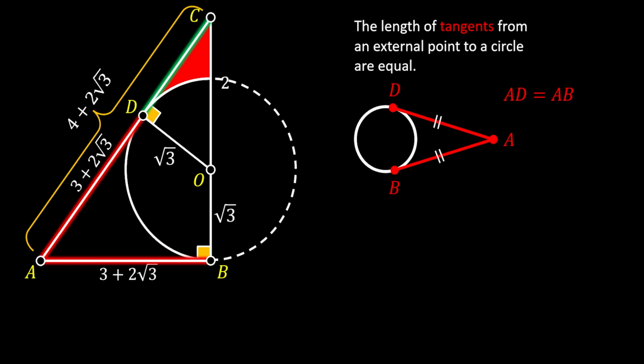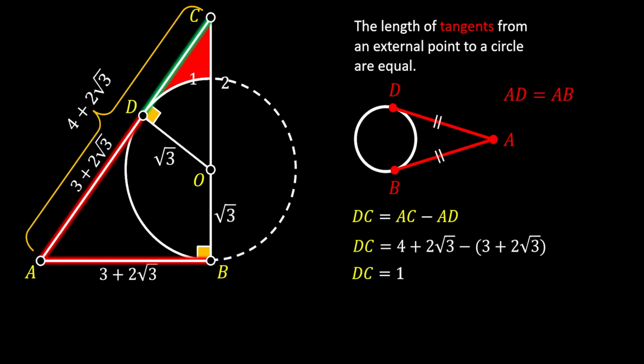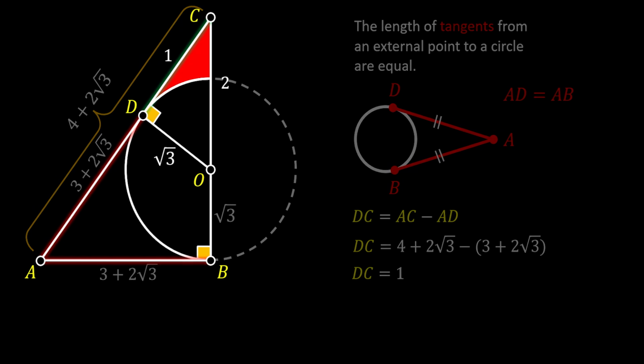So now we can easily find the line DC as the difference between the lines AC and AD, and if you substitute our values and simplify 2 root 3, you will get that the line DC has the length of 1.